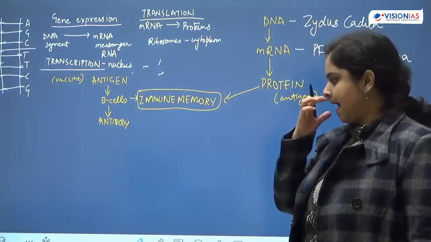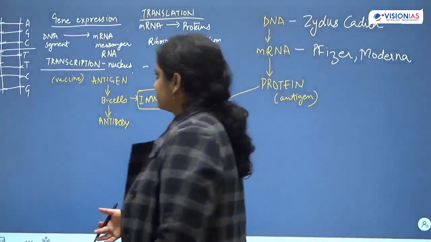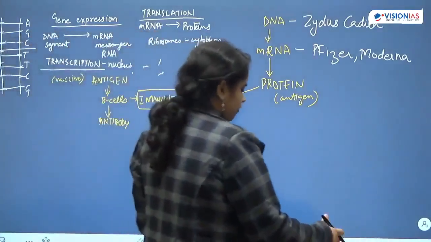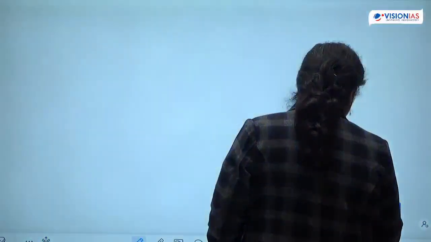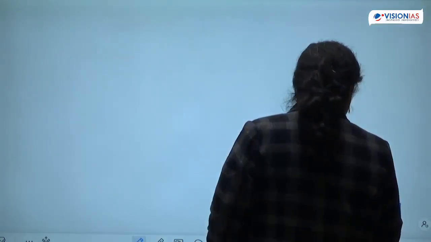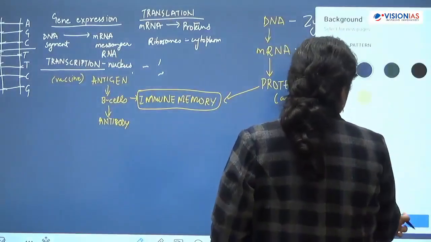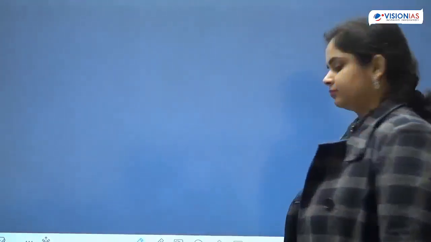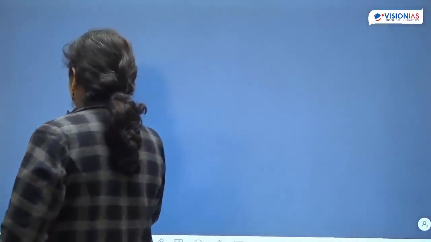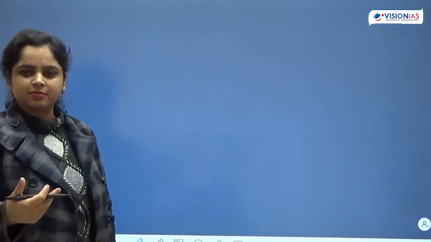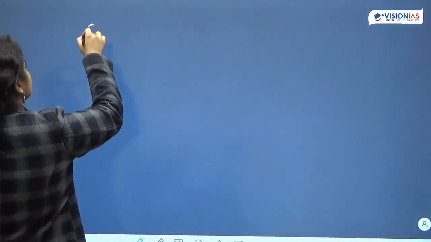Okay. Now, let's go further into some basic ideas of reproduction and some concepts of inheritance. So, when normally reproduction is taking place, we are talking about chromosome number here.